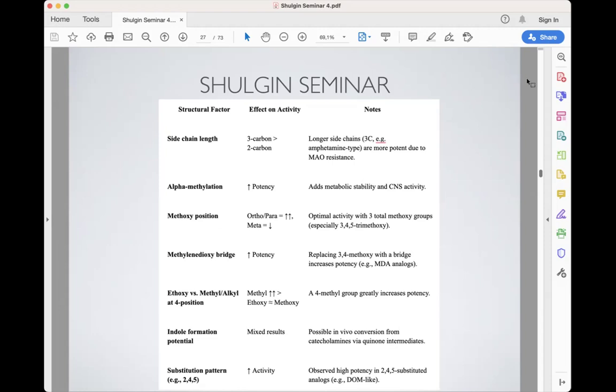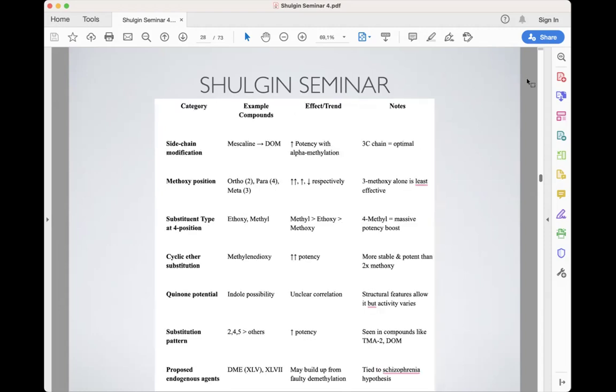And this is developed later in the third paper. So this is interesting, I think. This indole possibility is already stated here in the second paper.